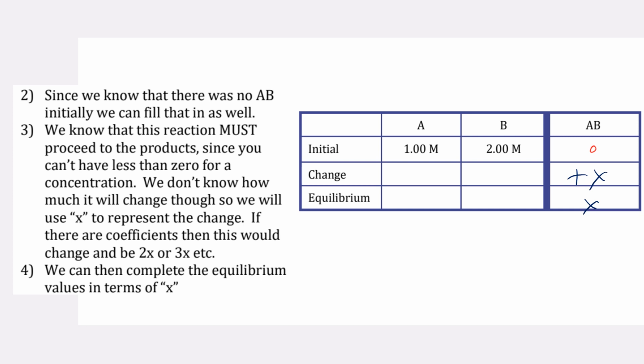If there are coefficients, like say 2AB or 3AB, we would know that it would increase by 2x or 3x. Then we can complete the equilibrium value in terms of x. Because my A and B each have a coefficient of one, they're going to decrease by x for both.